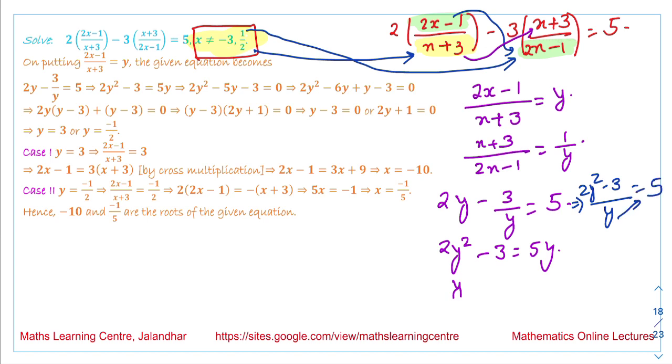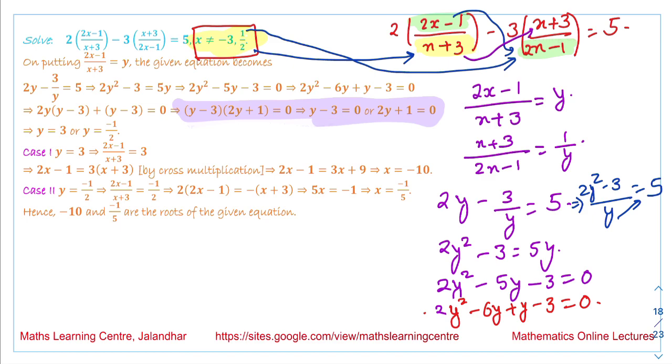This y is shifted to this side, so we are getting this answer. So this equation will become 2y² - 5y - 3 = 0. On splitting the middle term, we get 2y² - 6y + y - 3 = 0. And the values of y that we will obtain, these calculations are shown over here in this part. And we are obtaining that y = 3 or y = -1/2.